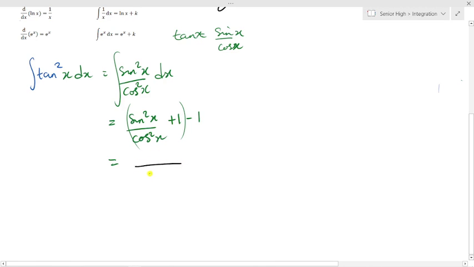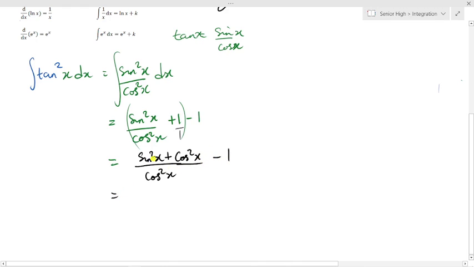The LCM is cos square x, and cos square dividing cos square multiplying sine square will give us sine square x. The denominator here is 1, dividing 1 into the LCM will give you cos square x, multiplying 1 will again give us plus cos square x, and then minus 1 outside.